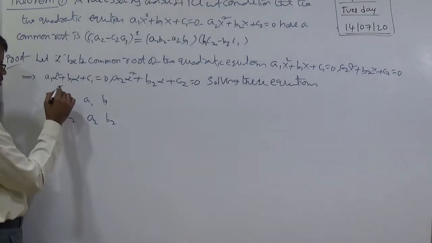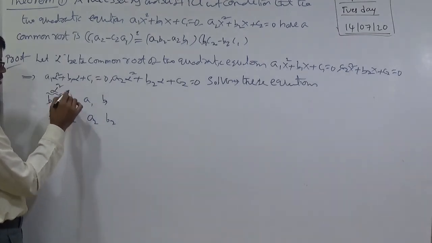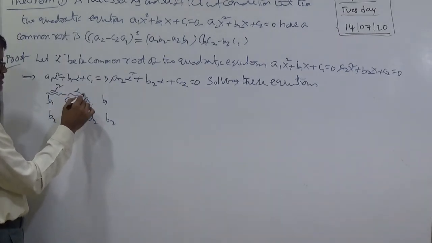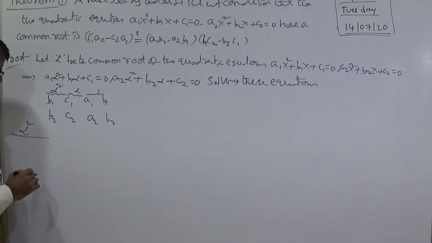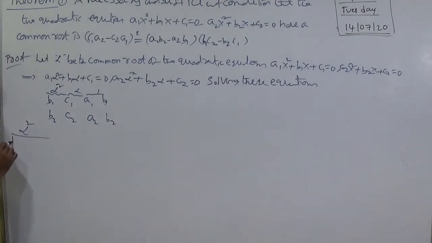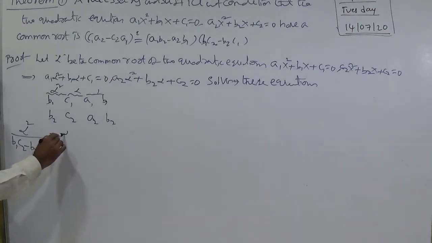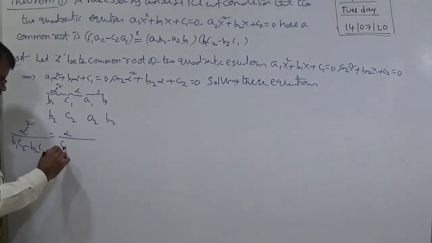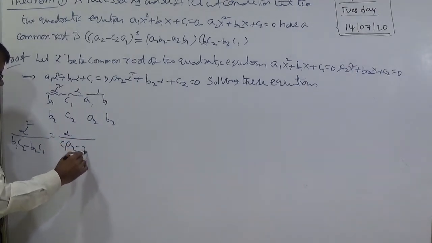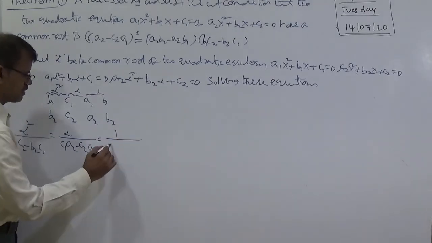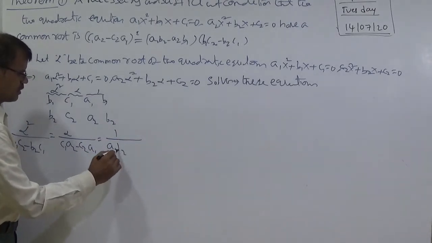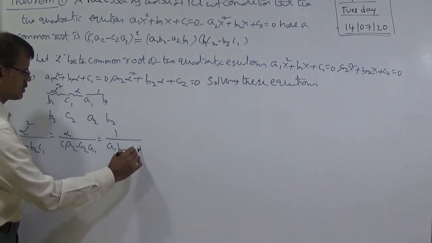This is for alpha square, this is for alpha and this is for 1. You can write alpha square by b1c2 minus b2c1 is equal to alpha by c1a2 minus c2a1 is equal to 1 by a1b2 minus a2b1.